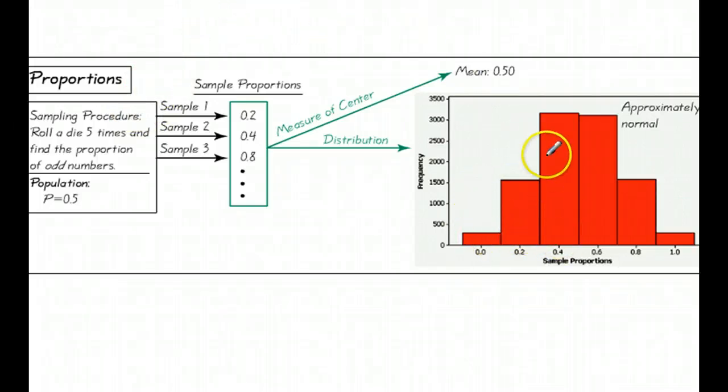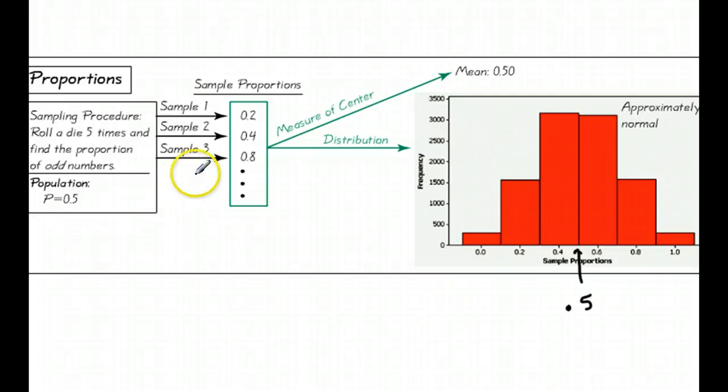And in those 10,000 trials, the most frequent things that occur are 2 out of 5 and 3 out of 5, the two closest things to that 2.5. Again, 0.5 is right there in the middle of these two, and this thing peaking around that 0.5.